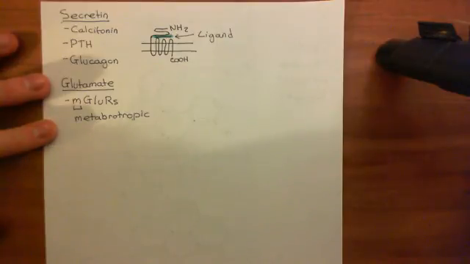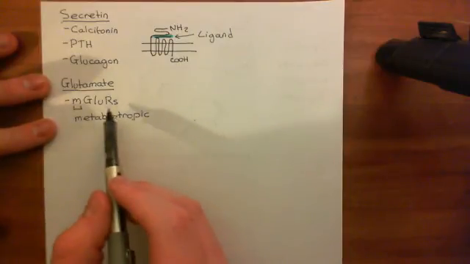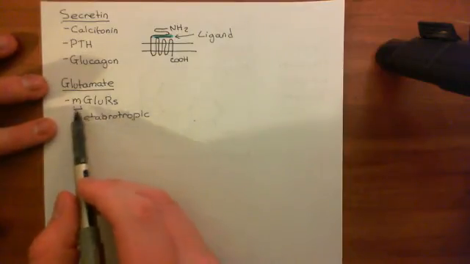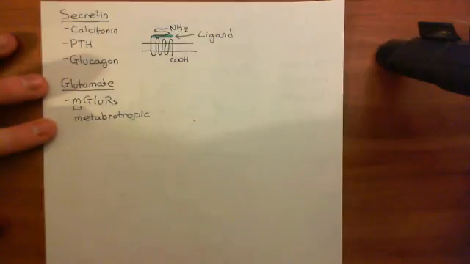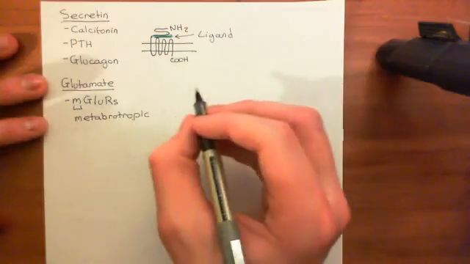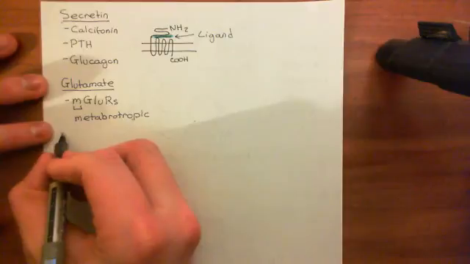It governs fast neurotransmission, and it works via ligand-gated ion channels. For instance, the AMPA receptor, the NMDA receptor, and the kainate receptors are all ligand-gated ion channels, not G protein coupled receptors. But there are these other forms of glutamate receptors known as the metabotropic glutamate receptors, or mGluRs for short, which are G protein coupled receptors.